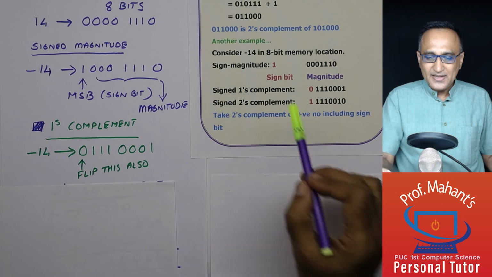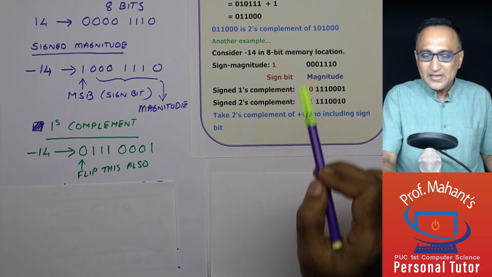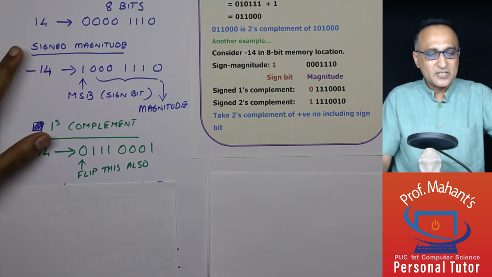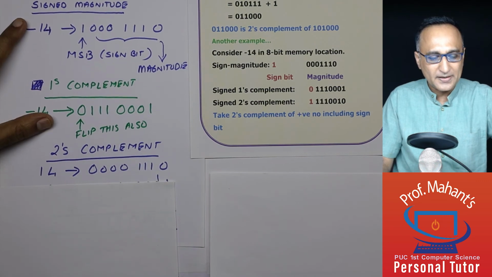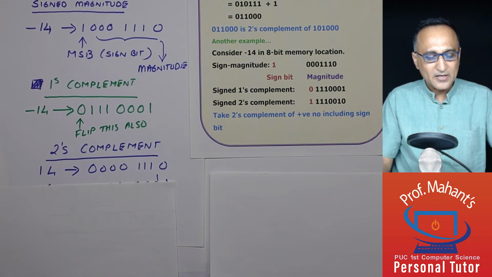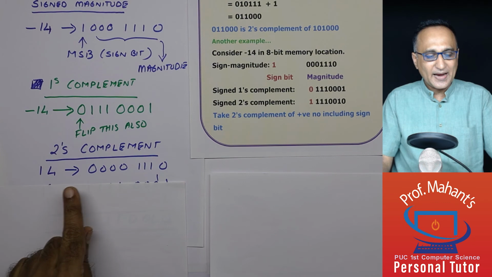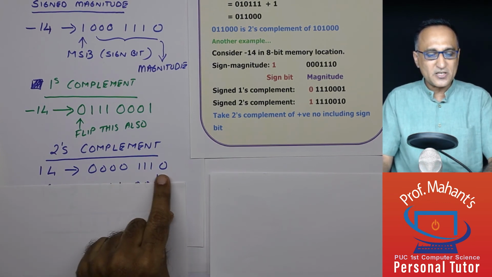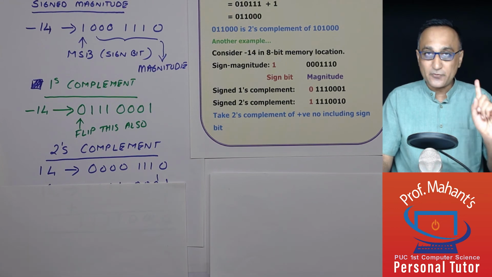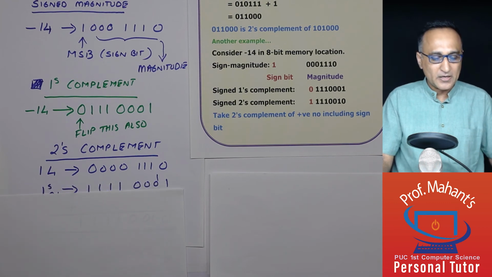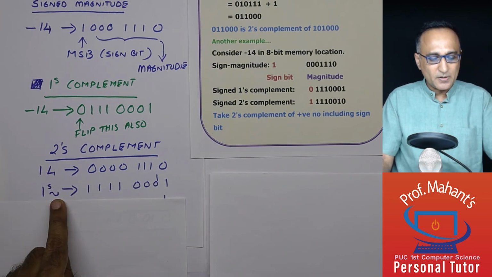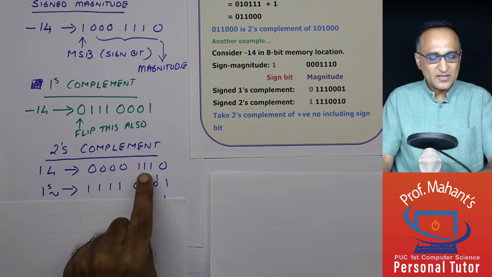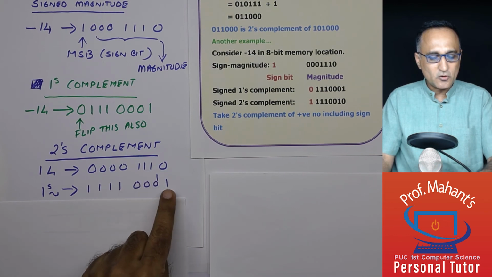Now let's try to represent minus 14 in 2's complement. There is a very simple way. First you take 14 and represent it using 8 bits. So this is the representation of plus 14 in 8 bits. In order to make it minus 14, you take the ones complement of 14. So now if you take the ones complement, these zeros became 1s.